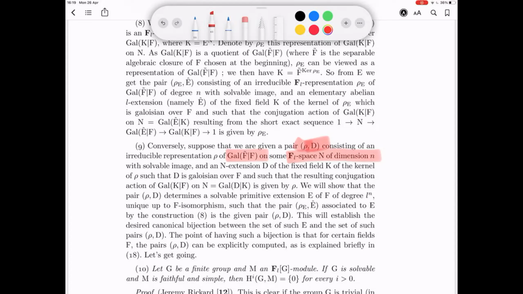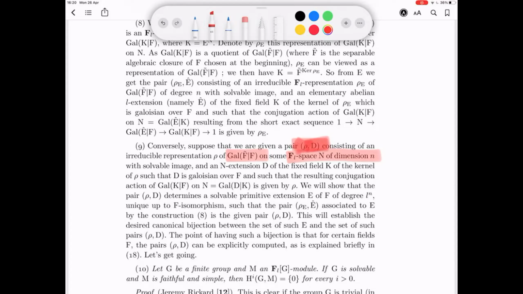You have a Galois extension D of a Galois extension K of F. D doesn't always have to be Galois over F, but we require it to be Galois. So that's the kind of pairs we are looking at.